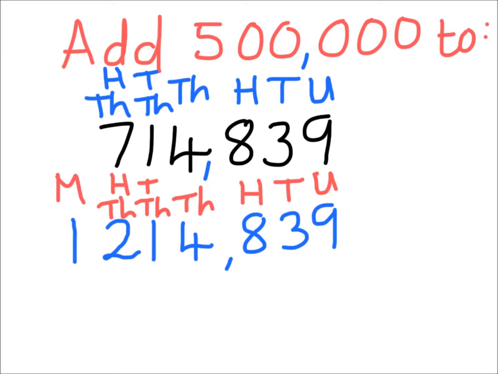If we check along the number, 1 digit, 2 digits, 3 digits, comma, 1 digit, 2 digits, 3 digits, and I need a second comma now. Now to read the number, and again, there is a separate video you can watch for instruction with this if you need assistance, we read 1,214,839, and we've added 500,000 mentally to the number that we were given.